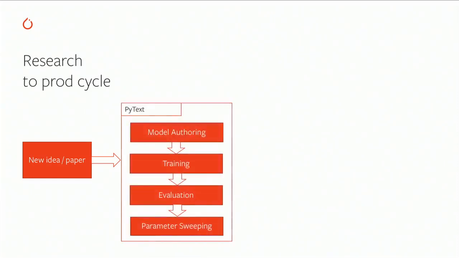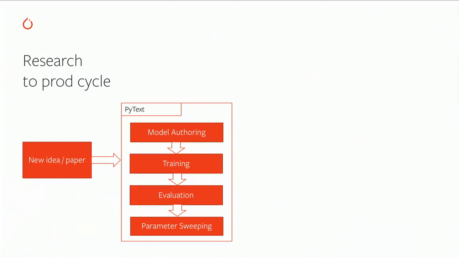So first, we started with an idea, which is the one that we saw, the joint training and the CRF. Now, we go to PyText. PyText gives us all the necessary abstractions to write the models, train them, evaluate them, and make it easy to do any kind of parameter sweeping.